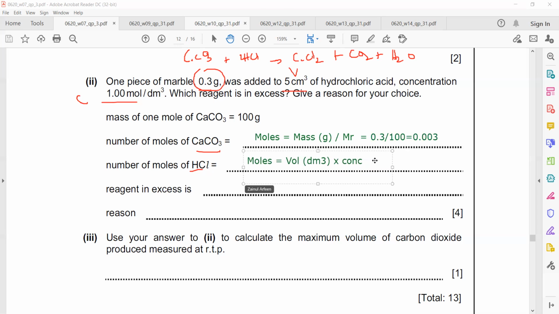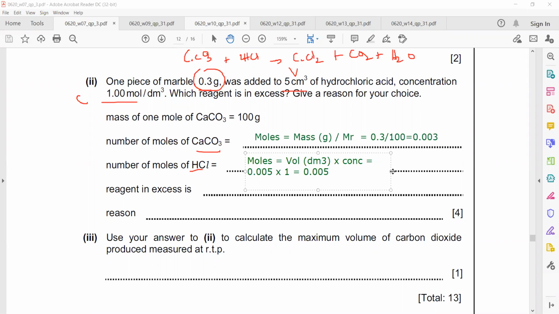The volume should be in decimeter cube. So it will be 0.005 multiplied by 1. So you will get the same answer, 0.005 moles.